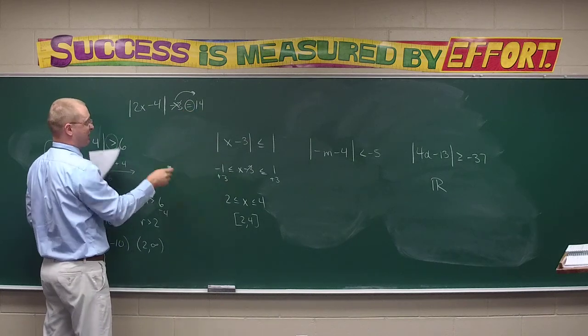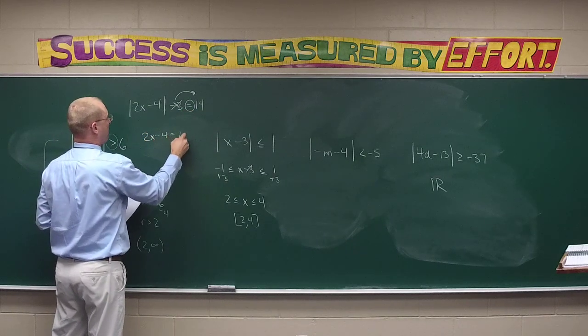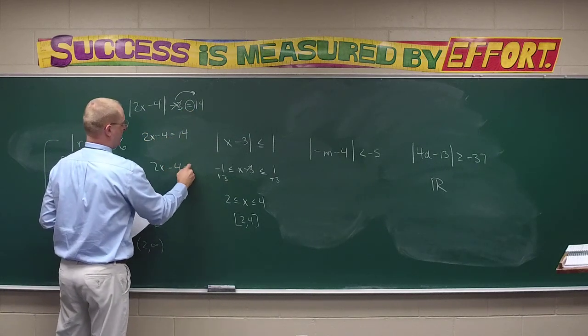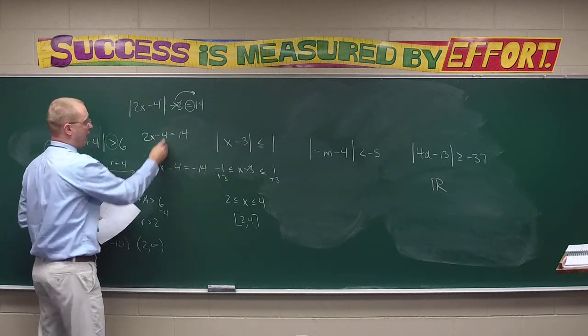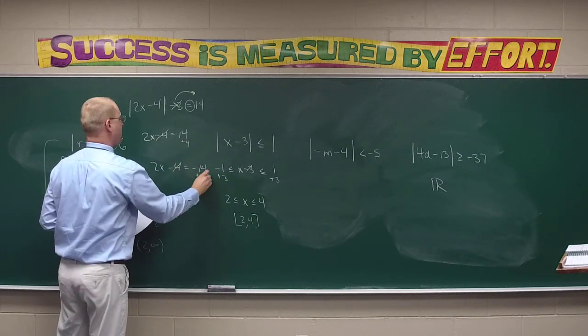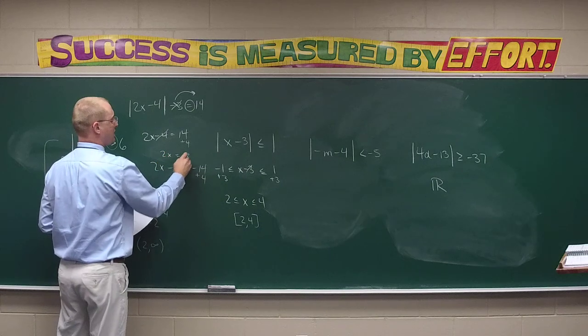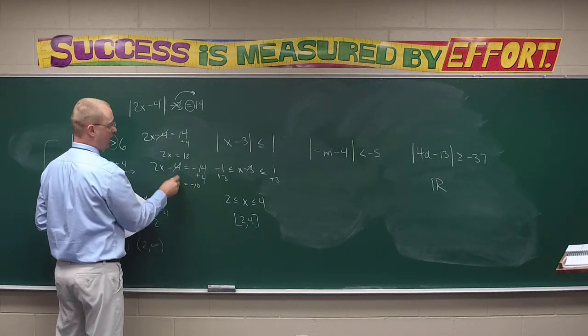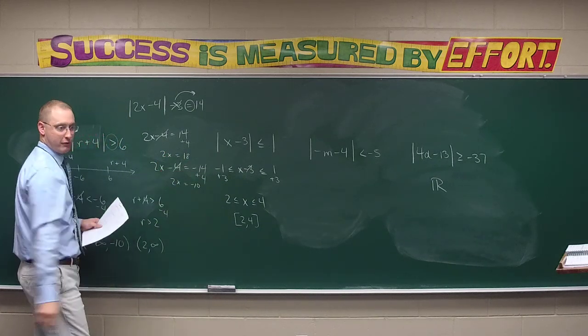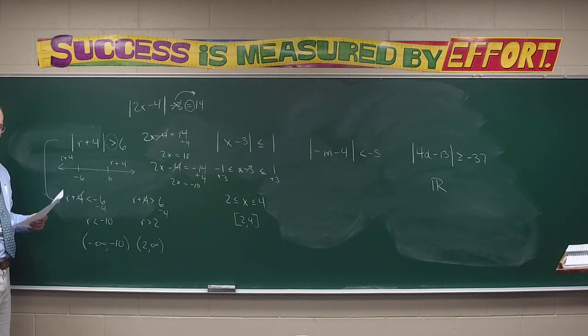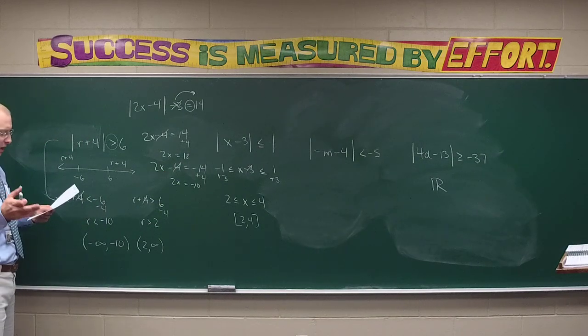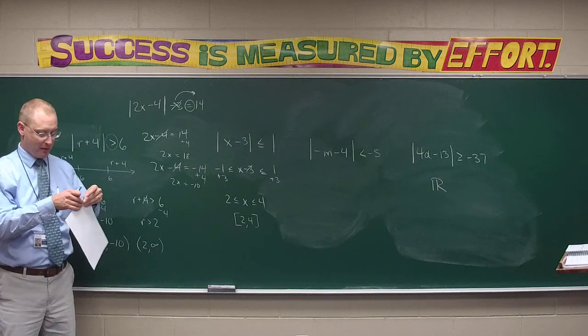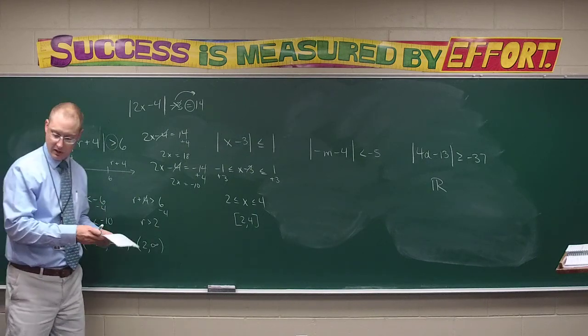It's just equal to positive and negative 14. So it's equal to 14. It's equal to negative 14. And then I'll add the 4 in each case to get 2x equals 18, 2x equals negative 10, and there I get 9 and negative 5 for the answers. Make sense? All right, and again, if you'll rewatch the first 8 minutes or so, you'll catch what you missed while you were taking care of the pizza day stuff.